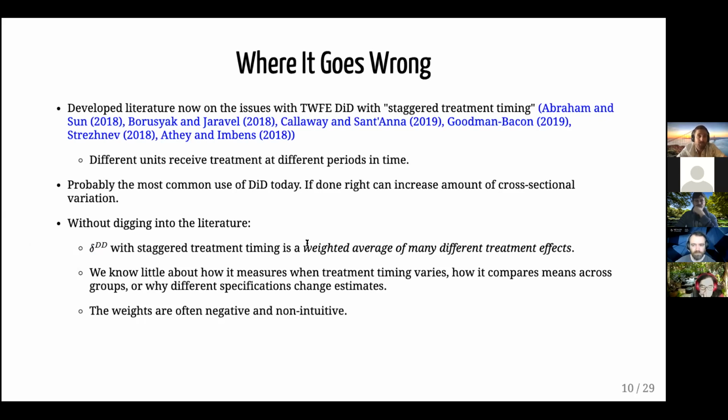But we did not know very much about how it measures the treatment effect when the treatment timing varies. In particular, what means is it comparing across groups, and why do specification changes change the estimates? It turns out these weights can often be negative and very non-intuitive. So it doesn't just give you the same simple estimate that the previous, very simple difference in differences estimator did.